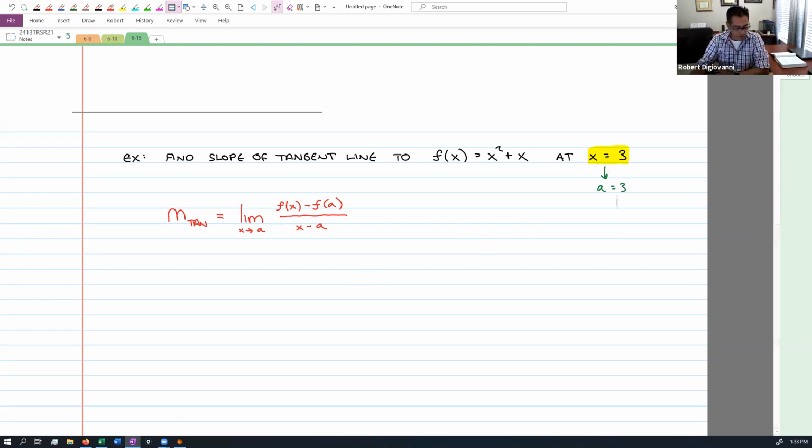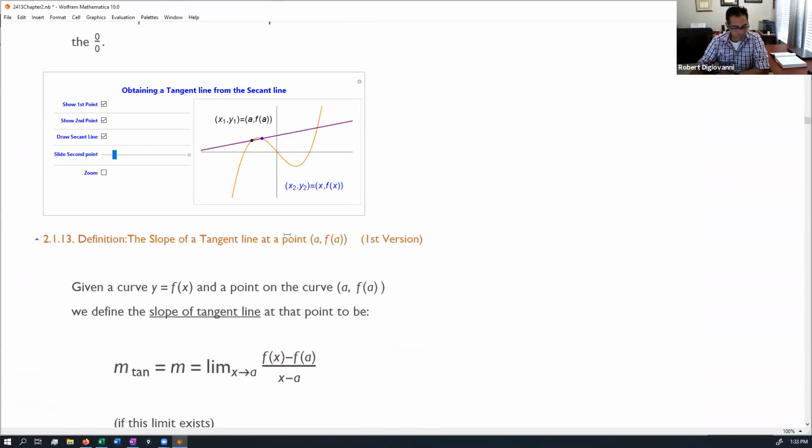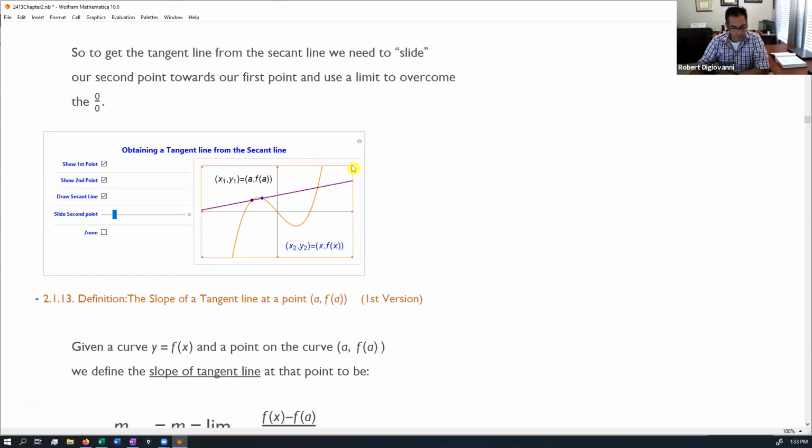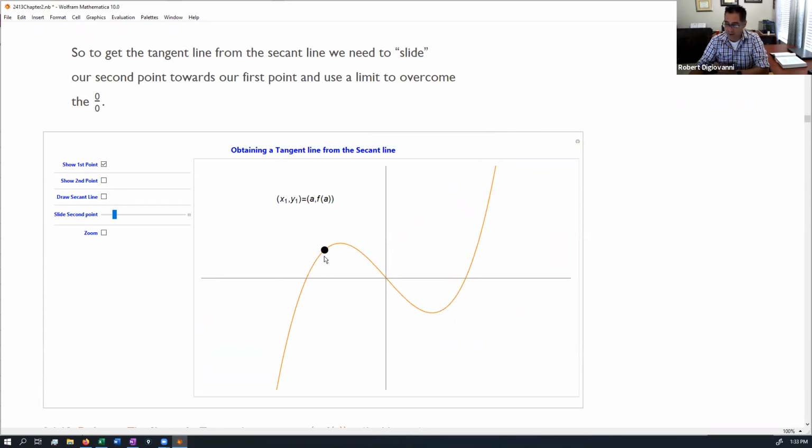Again, go back to the picture. The whole idea here is that we're picking an anchor point that we're going to start at. This point here is our a.